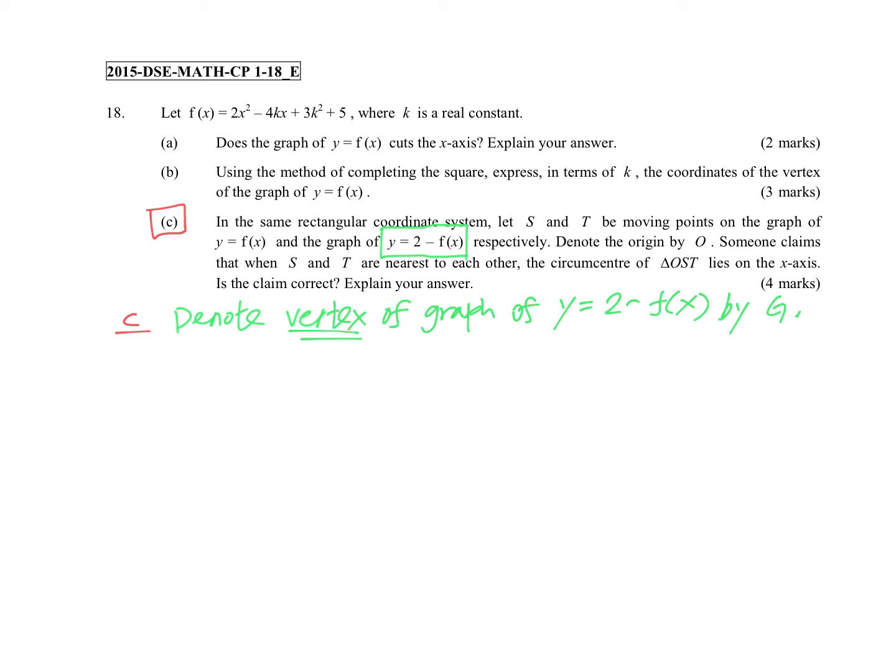From part B, we have done the completing the square. So f(x) after completing the square would be 2(x minus k) all squared plus k squared plus 5. So 2 minus f(x) will be 2 minus the above expression.